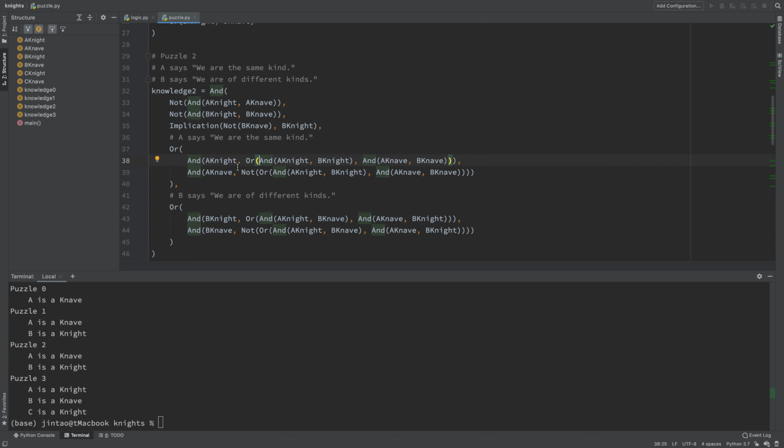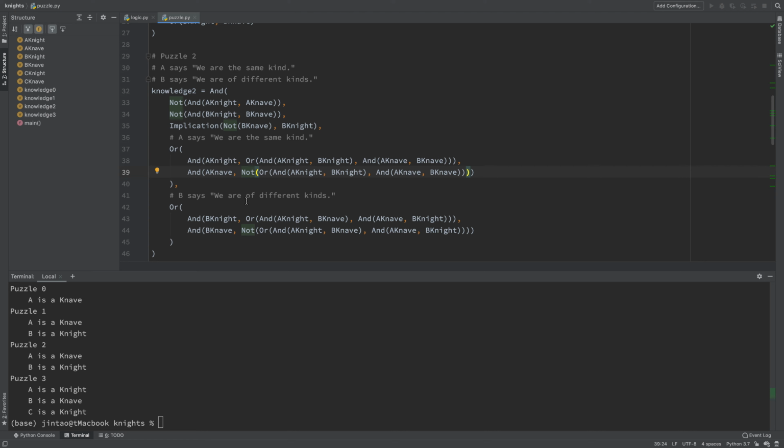And if A is a knave, the statement is going to be false, which means not any of these arguments that A made is going to be true. So we just put a not in the statement, in the or statement.